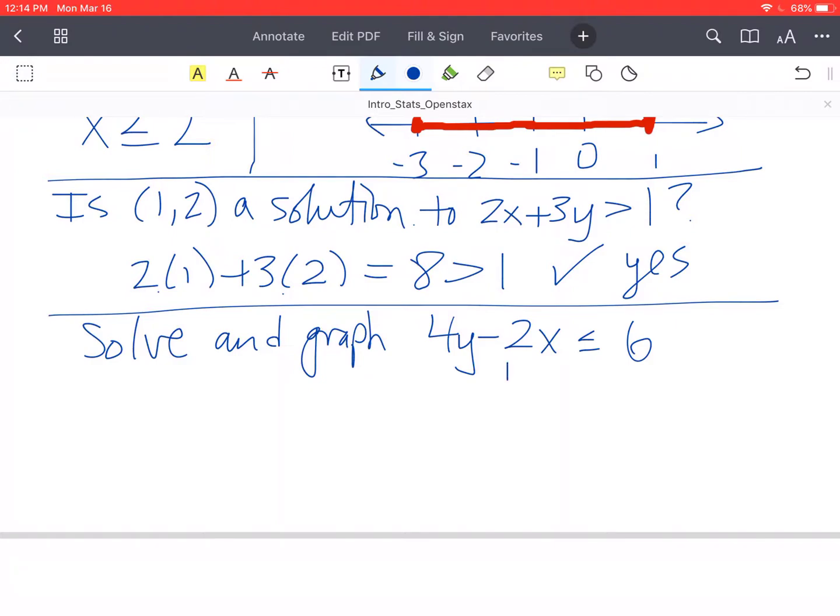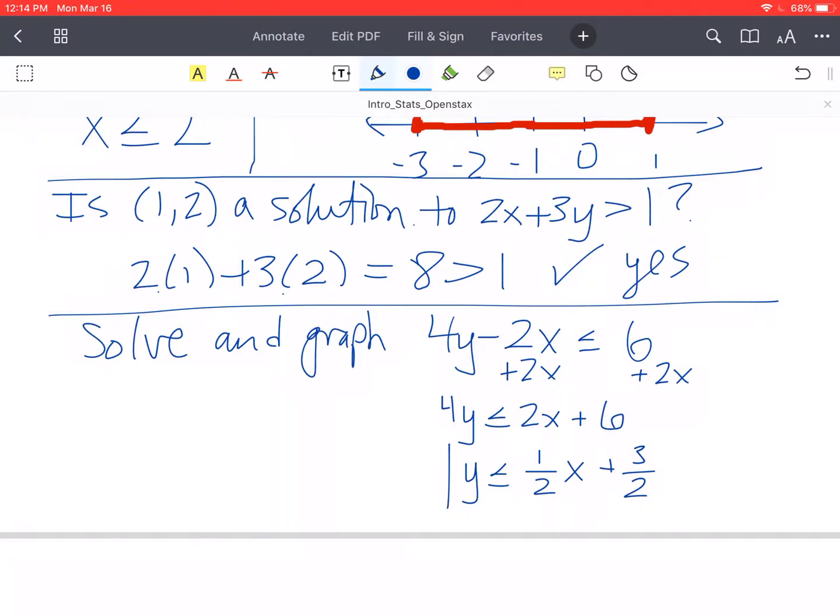So I'm going to add the 2x to both sides, to make this look more like a traditional equation of a line. So this is 4y less than or equal to 2x plus 6, and then I'm going to divide by 4. So 2 over 4 is 1/2 x, plus 6 over 4, that's 3/2. So this is going to be the inequality, it's not an equality, for this line.